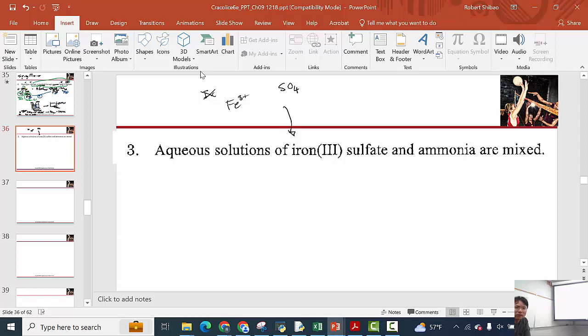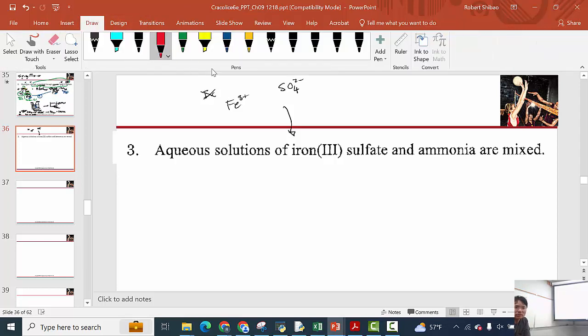SO4 2 minus. And so we could do this trick with the charges, that is, we'll just use the charges for the subscripts here. And so the correct formula will be Fe2 (SO4)3.